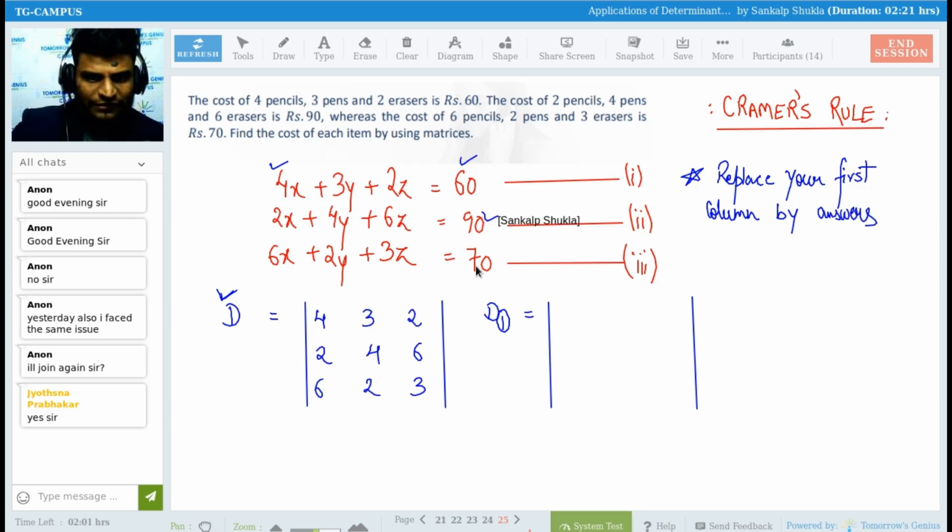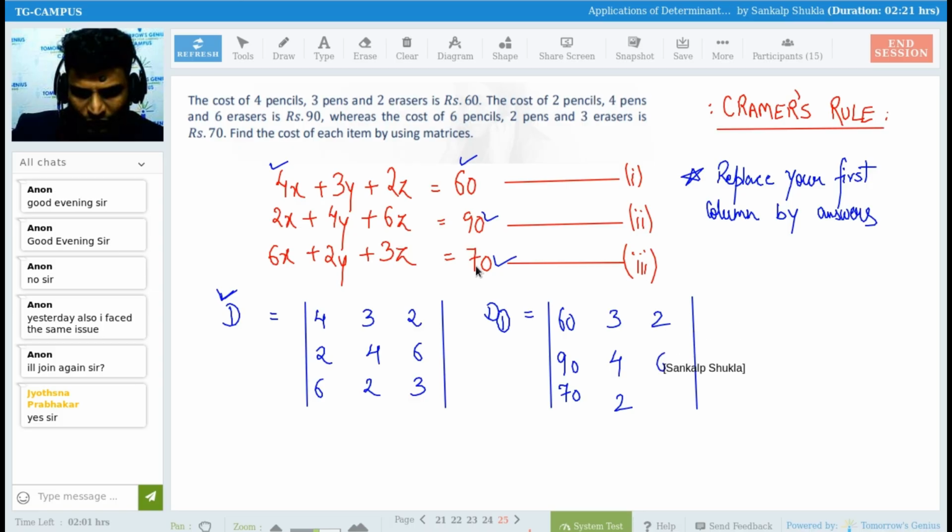What are the answers? 60, 90 and 70. So in place of 4, 2 and 6, I'll write 60, 90 and 70, and the rest of the determinant will be exactly the same: 3, 4, 2 and 2, 6, 3. Correct? D1 is clear?